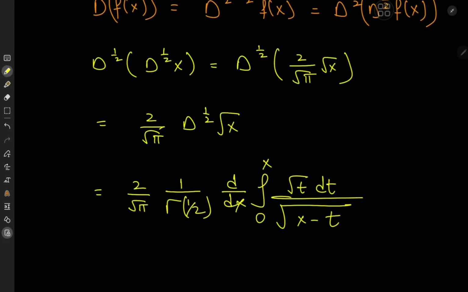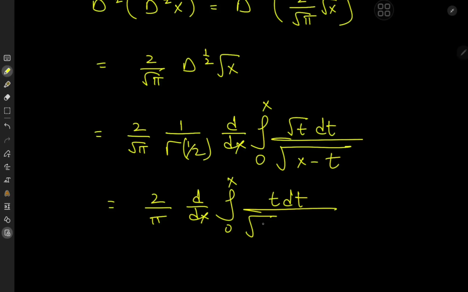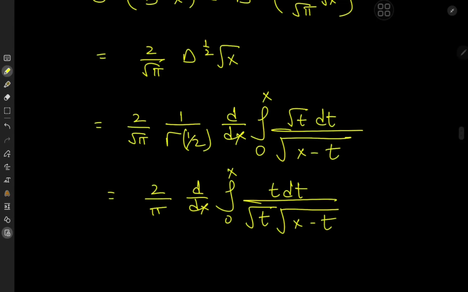Okay, cool. So gamma 1/2 is just root pi again. So now we have 2 by pi times the derivative with respect to x of the integral from 0 to x. And let's expand by root t. So we have t dt divided by root t times root of x minus t.